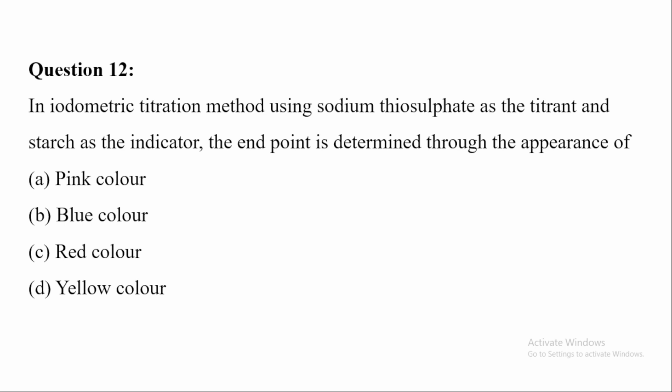So the next question is, in the iodometric titration method, using sodium thiosulfate as the titrant and starch as the indicator, the end point is determined through the appearance of. So in an iodometric titration, what is happening? We are titrating the iodine with sodium thiosulfate.